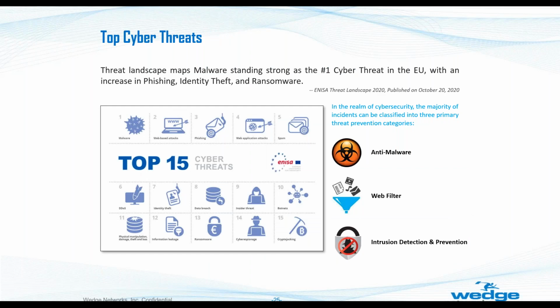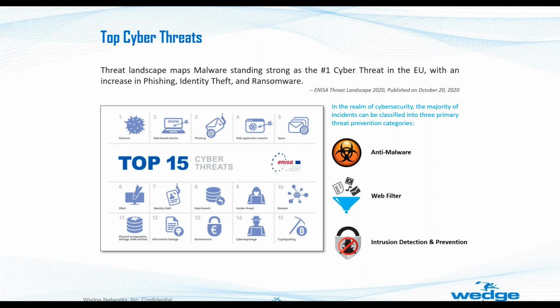Detailed here are the EU's statistics on the top 15 types of cyber threats. As you can see, the highest ranked cyber threat continues to be malicious software. So this is our focus. The top three threats are malicious software, web-based attacks, and phishing.